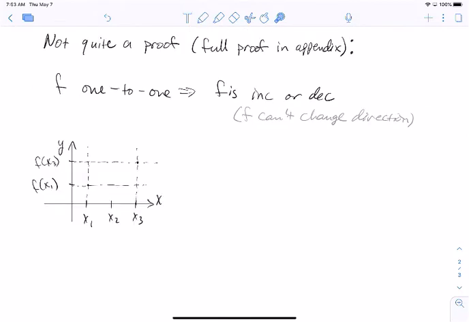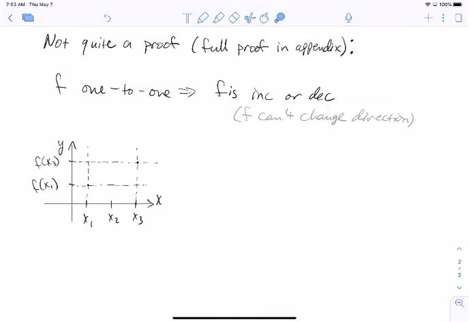Here we have a diagram, and suppose we have a function that maps x1 to f of x1, so here's a point there, and x3 to f of x3, and so there's another point there. And I've drawn some dashed segments here so that we can help with the visual. Now what we're going to do is presume the opposite of f is increasing or decreasing.